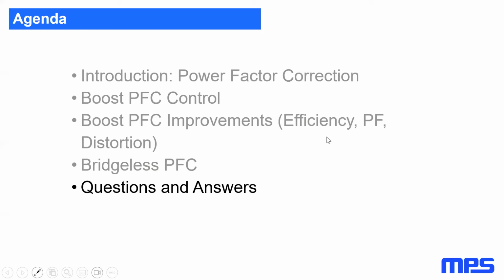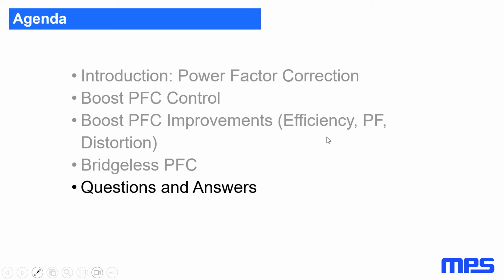There are more active switches and a more complex controller. So it will cost more, but it will have a higher efficiency. There are cases where it might be more interesting to use the totem pole PFC because the density can be higher and the efficiency can be higher, at a higher cost. A more classical boost PFC running CCM or CRM, depending on the power, will cost less, but it will have a lower efficiency. So it really depends on what you're trying to achieve.